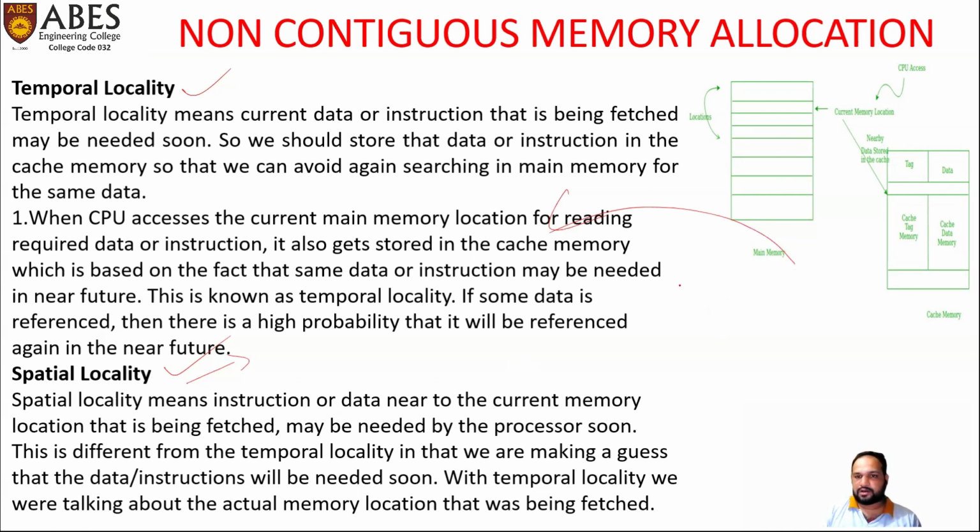Let us take a program in which a particular piece of code is required again and again. That data will be stored in the cache memory after the first read from the main memory. That is temporal locality. And immediately after this instruction, whenever this instruction is performed, the next one will also be performed.